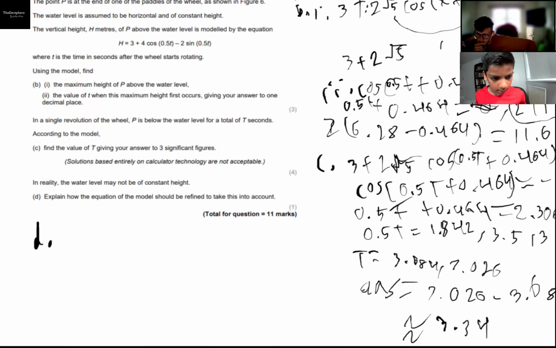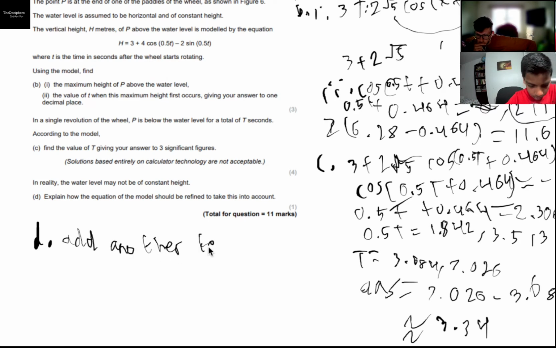Right, so then we would add another term of water level. So for this thing, how would we make sure that term varies?